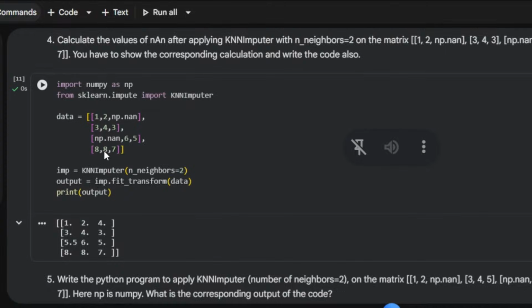These rows are the two nearest neighbors to this point. So taking these two rows, take the first column, 3 and 8. Take the mean of 3 and 8, you get 5.5. So you impute this np.nan using the 5.5. Similarly you can solve for the other np.nan.